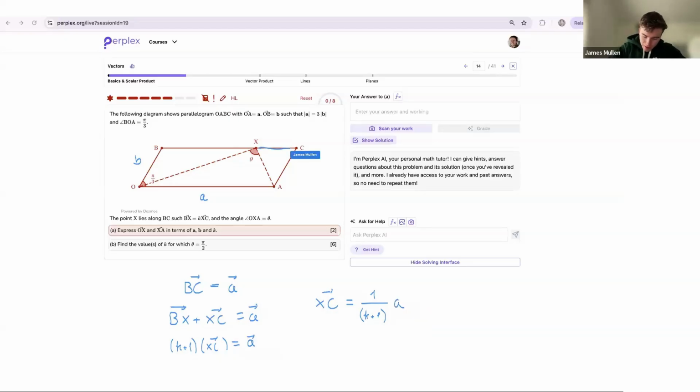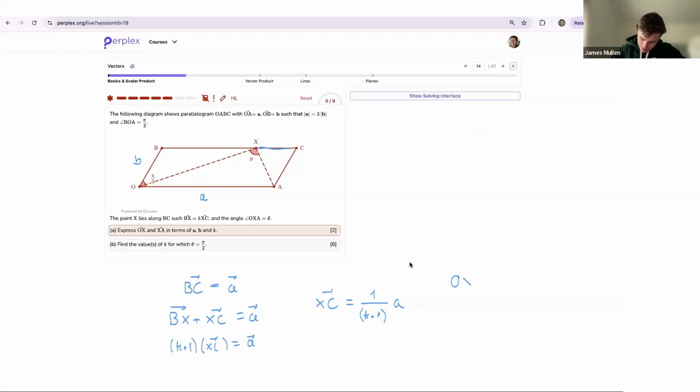Now that's to go from X to C, which is not exactly the expression that we want, but it helps me because now I can say that to go from O to X, let me make some room, actually. I can say that O to X is going to be, I can go here, and then back here.